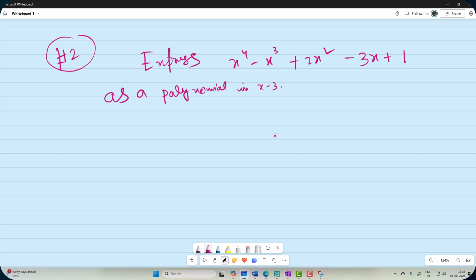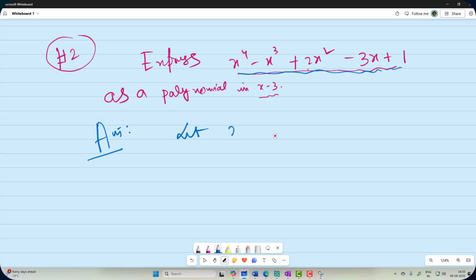See, this one is a fourth degree polynomial, and you are going to express this as a polynomial in x minus 3. This is a polynomial in x, but we want the polynomial in terms of x minus 3. I mean, the polynomial will remain the same, but all those terms we want to express in the form x minus 3.